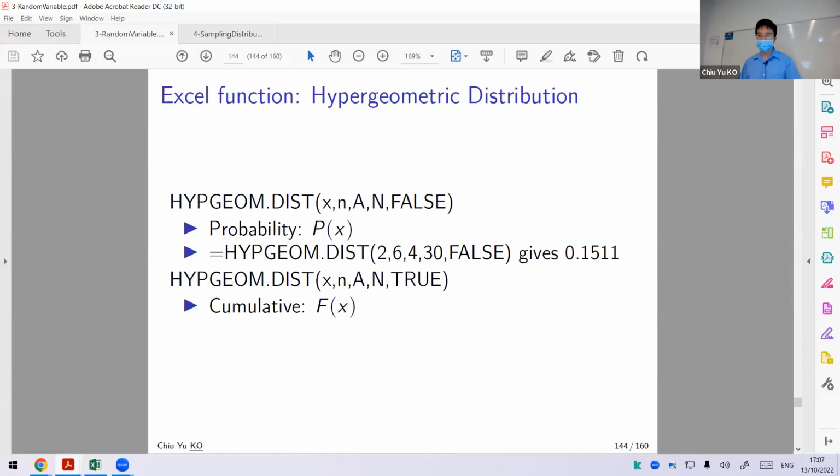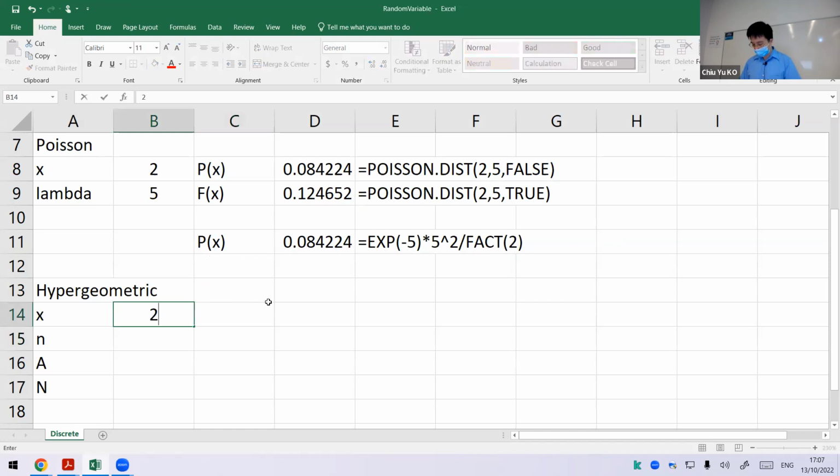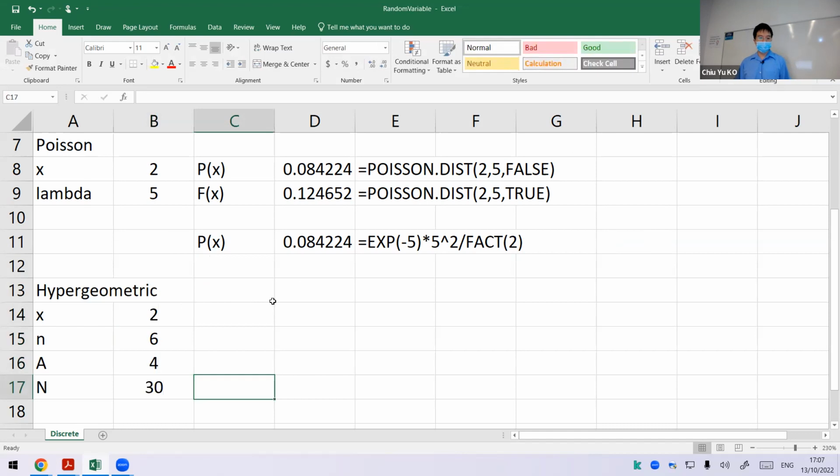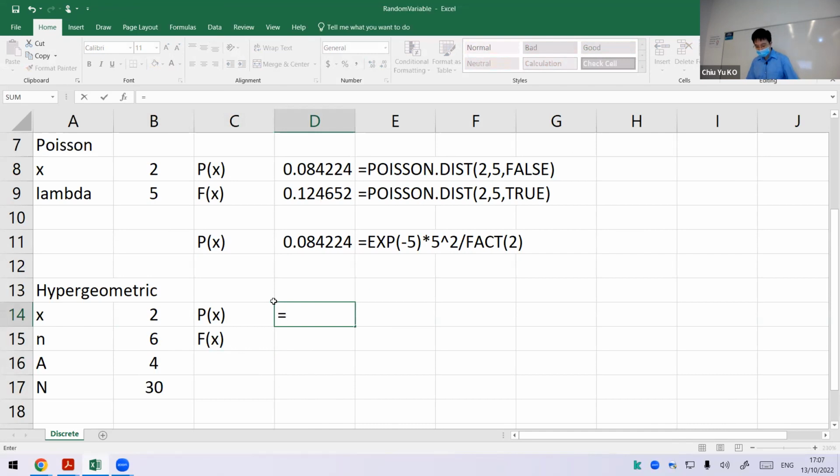So we have 2, 6, 4, 30. This is the number that we use for our example. Once we do it, we can check what it is. It's HYPGEOM.DIST, and it's 2, 6, 4, 30.